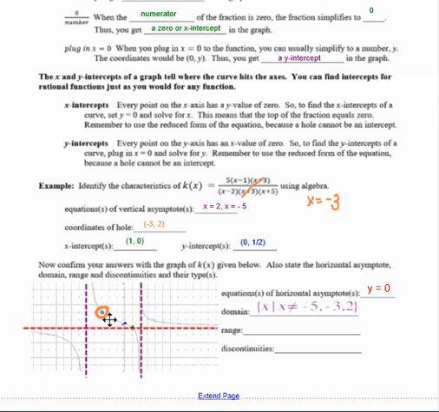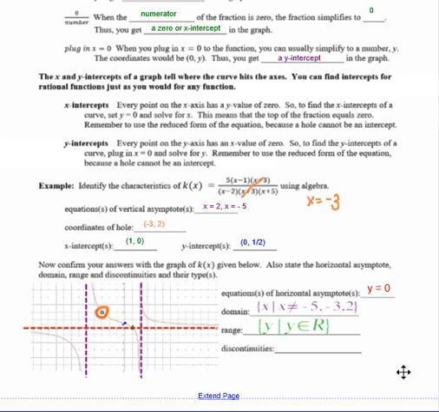And if we look closely, the same thing will happen here with our hole. While the value of 2 is not used at this location, the value of 2 is ultimately used here, and therefore is part of the range. So the range of this is actually that y is all the real numbers, and so we would write it here in set notation, all the y such that y is a member of all the real numbers.